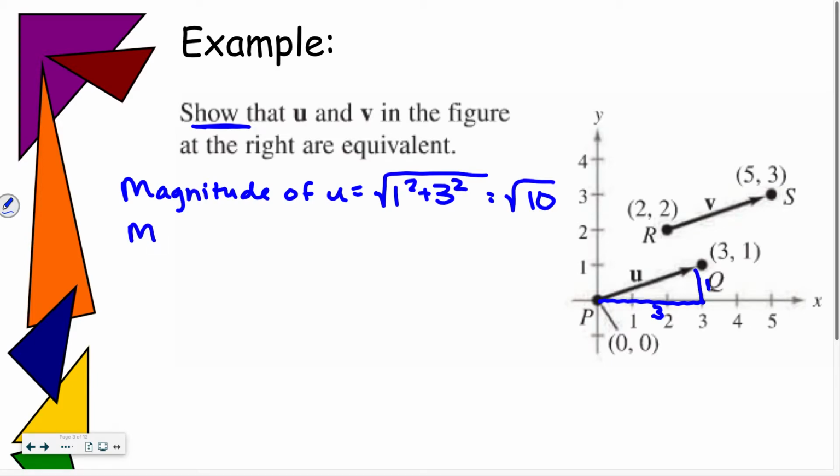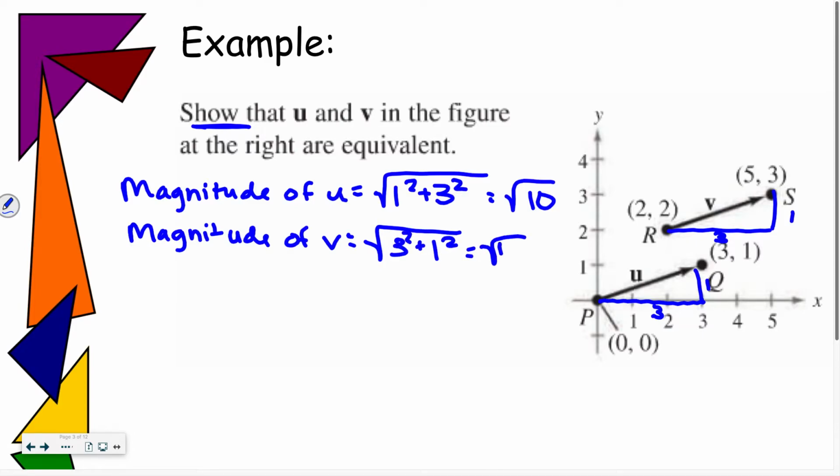The magnitude of v. This one looks to have a distance of 3 and 1. So, of course, I'm going to get the same answer, right? 3 squared plus 1 squared, the square root of 10. Okay, so that's the same.